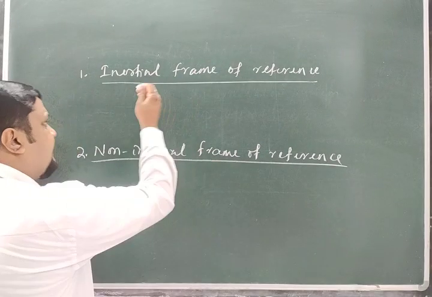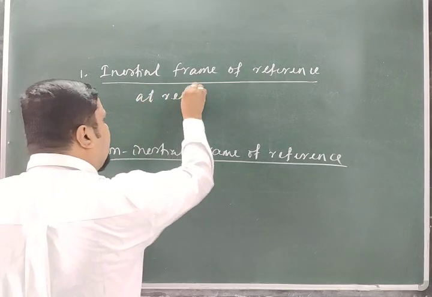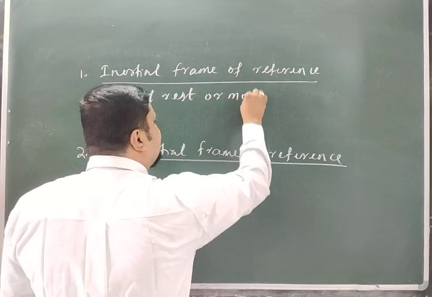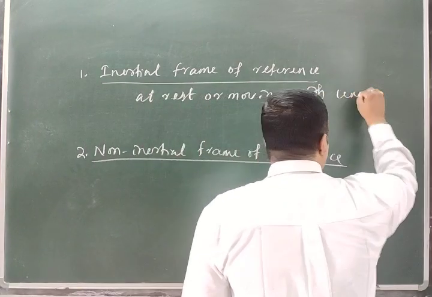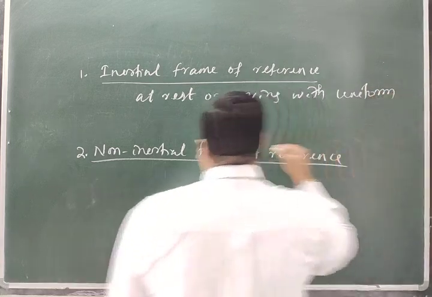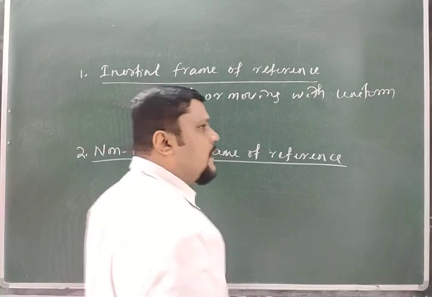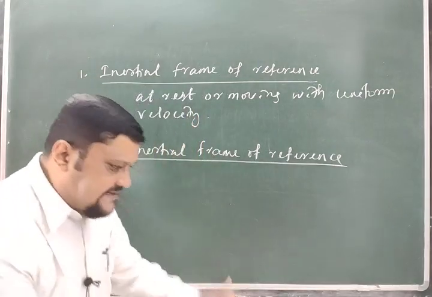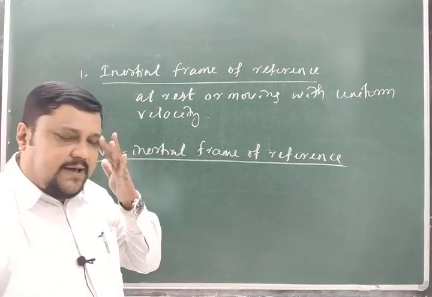The frame is at rest or moving with uniform velocity. You will understand this uniform velocity. What is uniform velocity? If I cover along this direction 5 meters in each 10-minute interval.